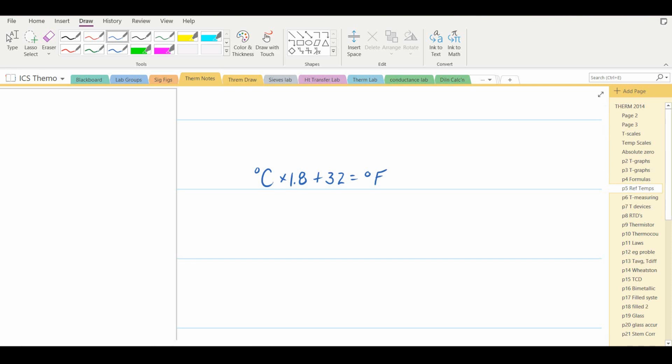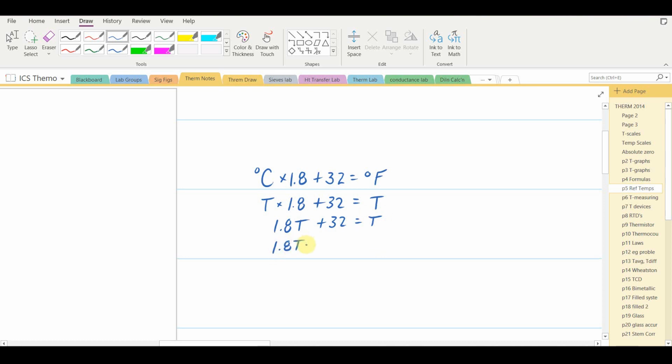Now at some point, these two temperatures are equal. So let's say instead of having two variables, we just have one, because they'll be the same. We'll just call it T. So I have 1.8 T plus 32 is equal to T.